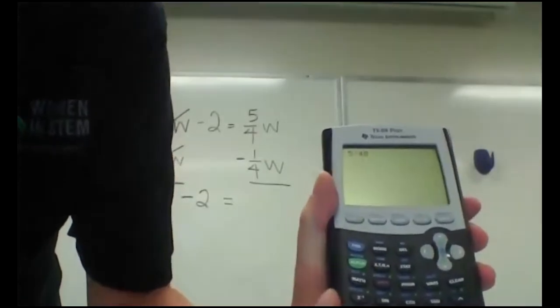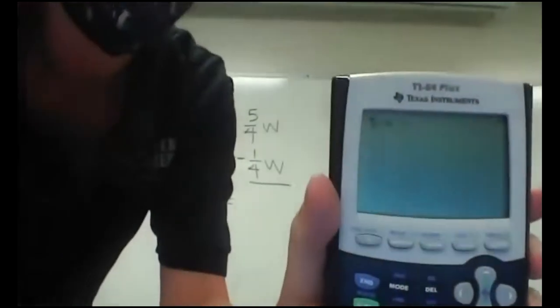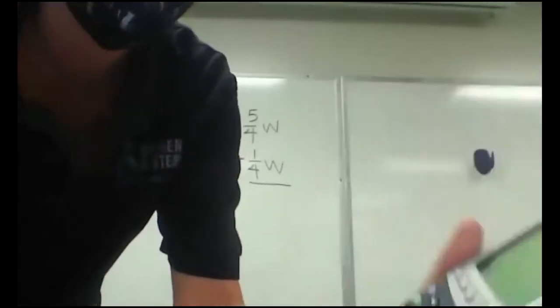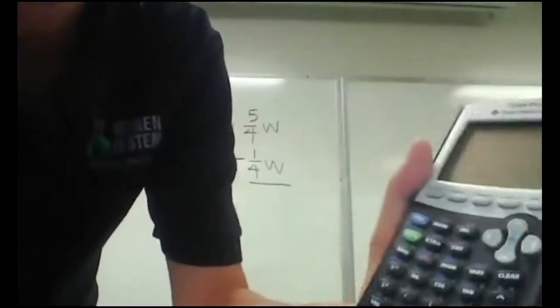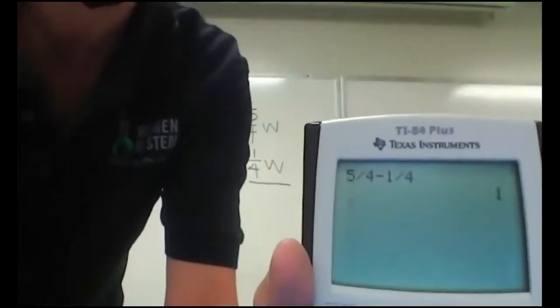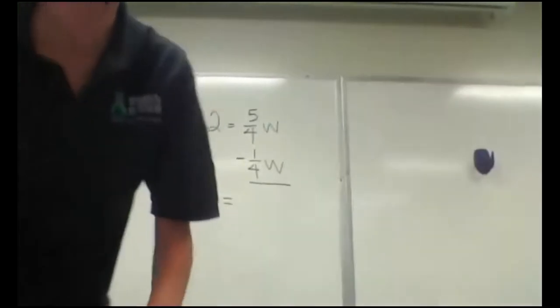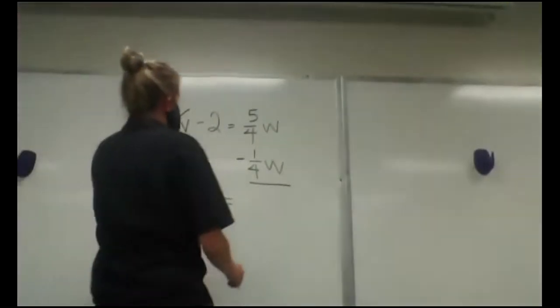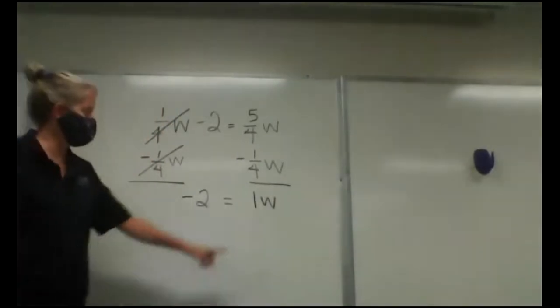5/4, minus 1/4, and hit enter. Look what that gives you. It gives you 1. So 5/4 minus 1/4 gives you 1 W. Well, what is 1 W?